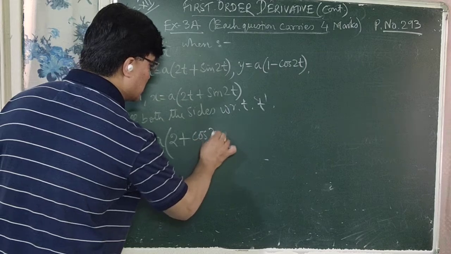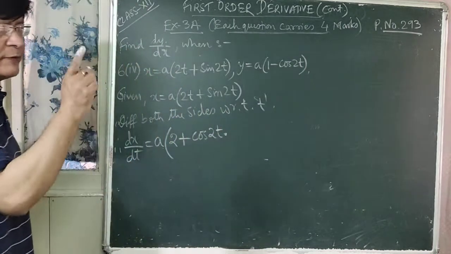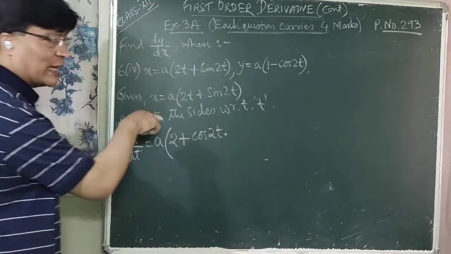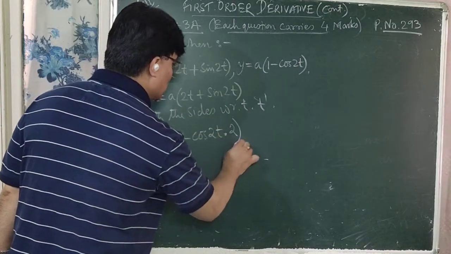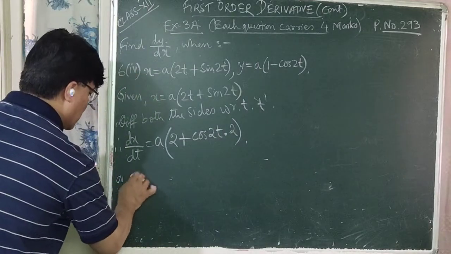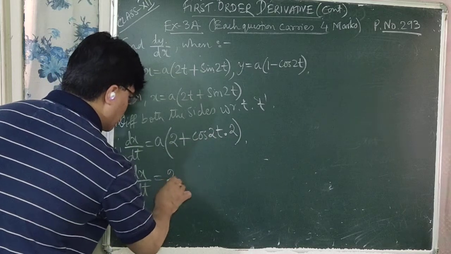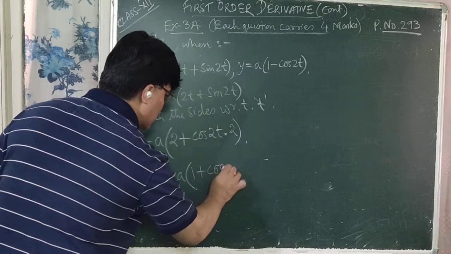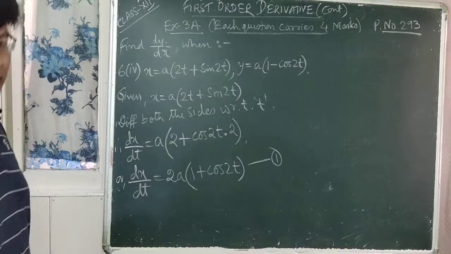Cos t, but here it is cos 2t, into, again you have to differentiate the term which is assumed as t. That is 2t was assumed as t. Now differentiate 2t with respect to t, that is only 2, right? So dx by dt is equal to, here 2 is taken common, 2a within bracket 1 plus cos 2t. Let us mark it number 1.